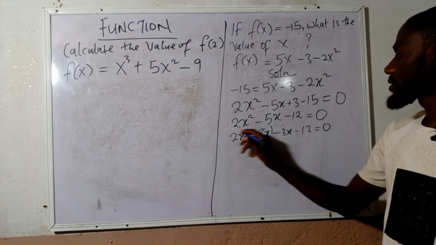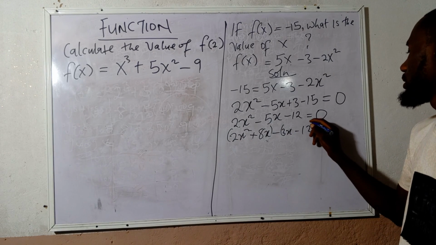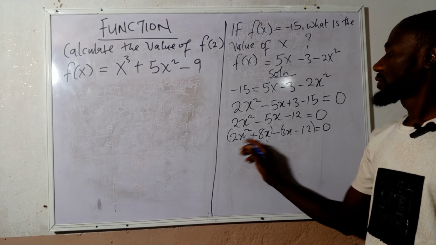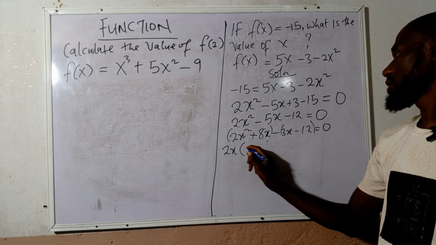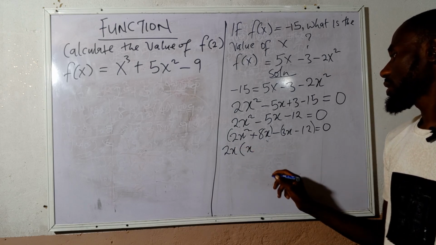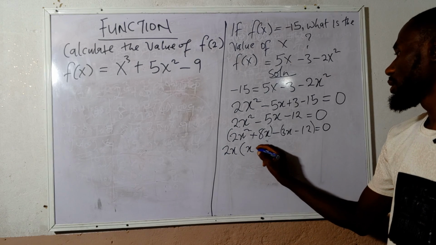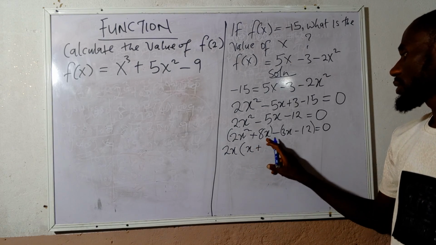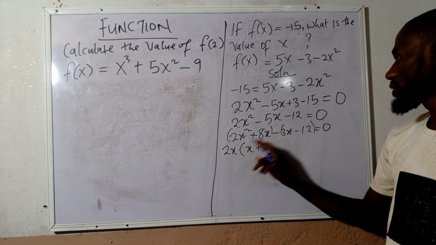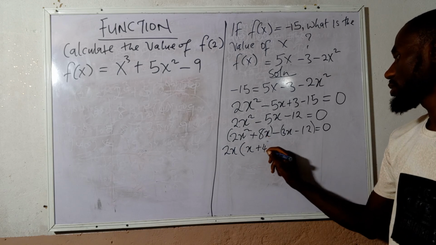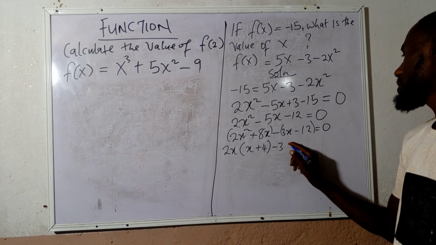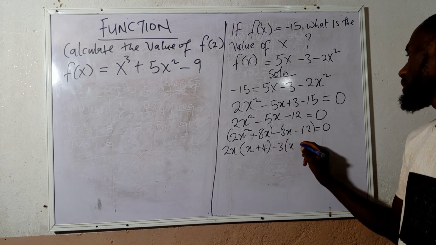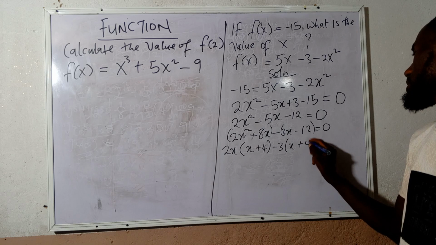Let's factorize the quadratic. The common factor here is 2x. 2x outside, x plus, how many 2 in 8? This is 4. Minus 3, 3 is the factor, this plus 4.